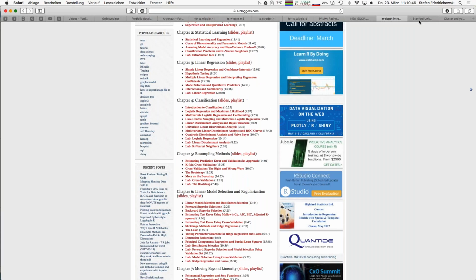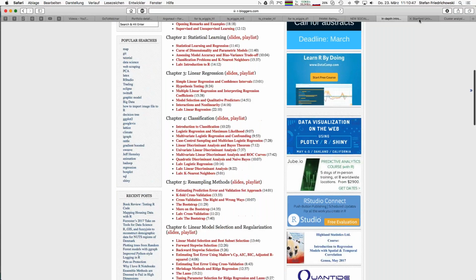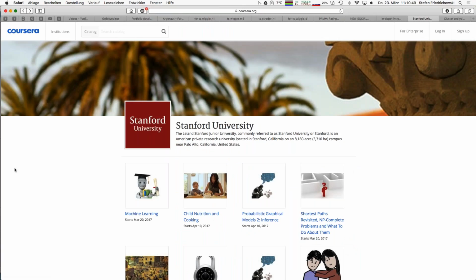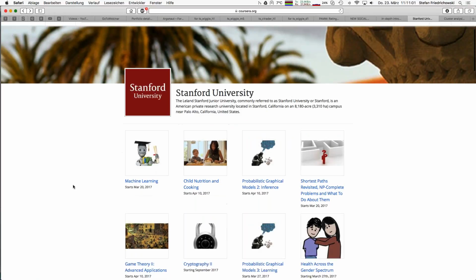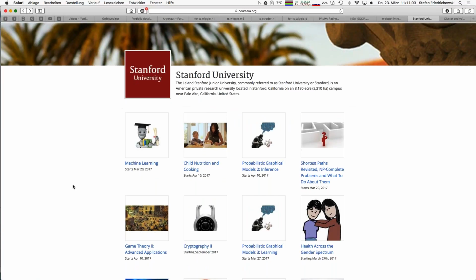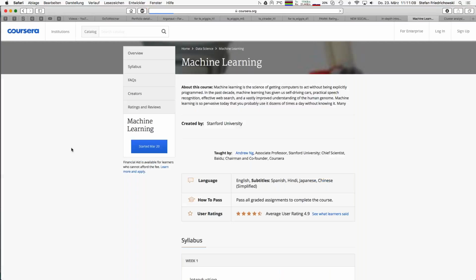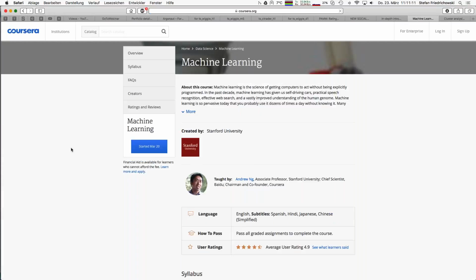And the other one is Stanford University. Of course, you know Stanford University, but there's a platform called Coursera, and that platform works together with Stanford University. And there you have online courses as well. For example, machine learning from a quite well-known professor, Andrew, I have no idea how to pronounce his last name, Ng, so Andrew Ng.